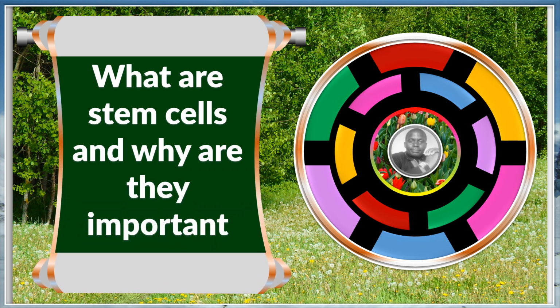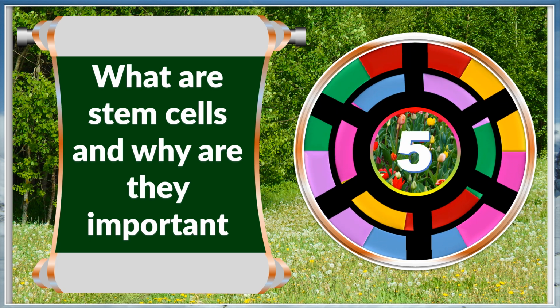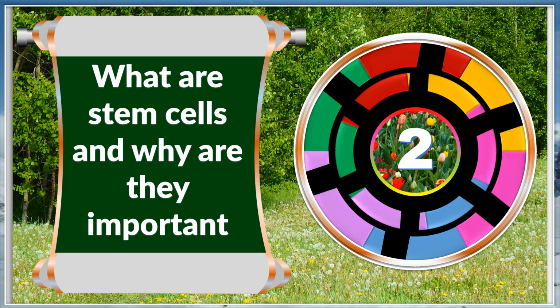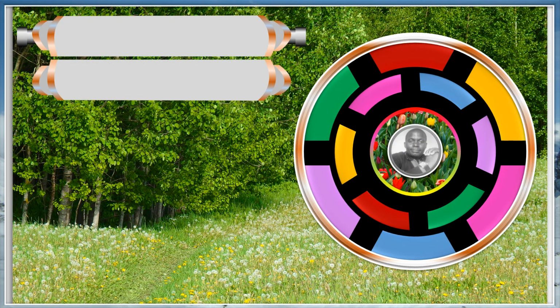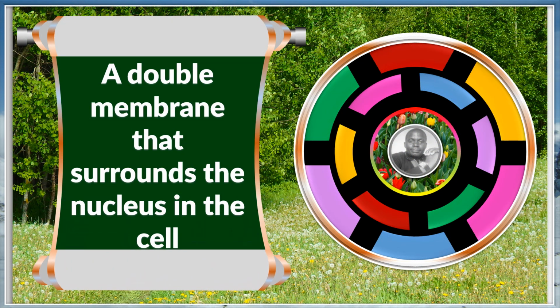What are stem cells and why are they important? Stem cells have the capability of becoming other types of cells, which helps serve in the repairing of broken tissues. A double membrane that surrounds the nucleus in the cell.